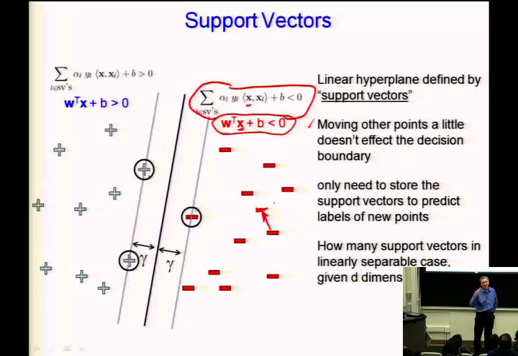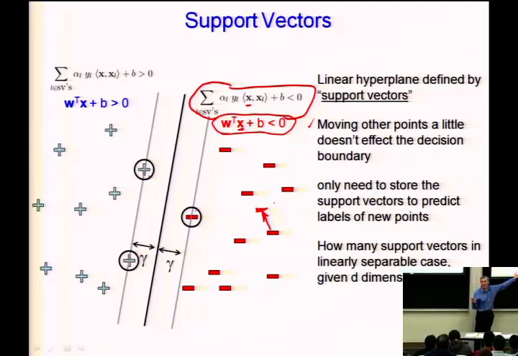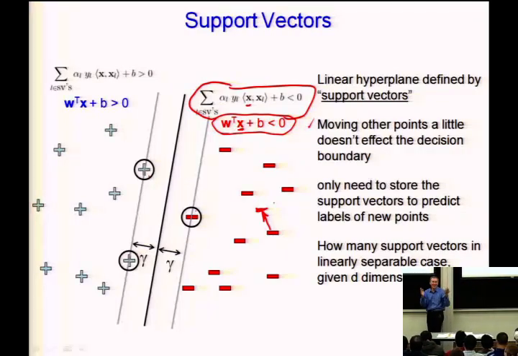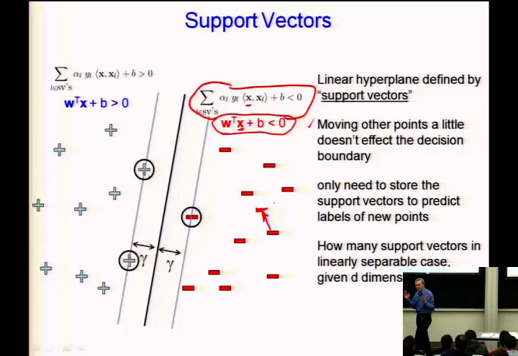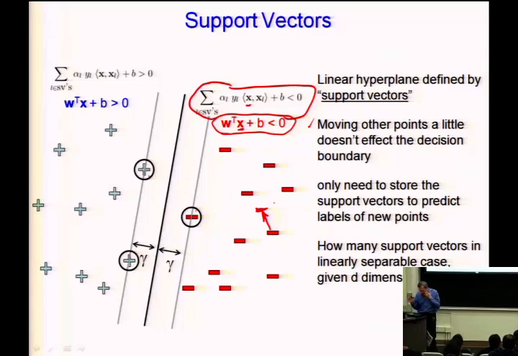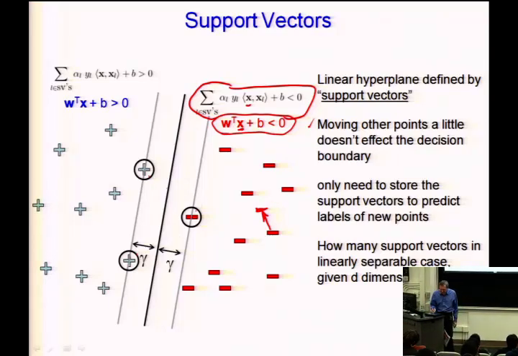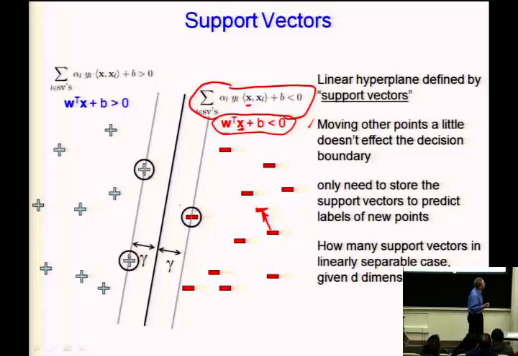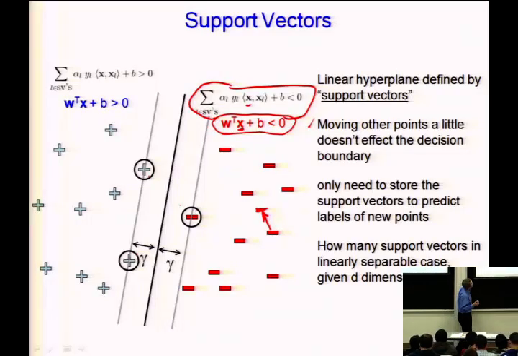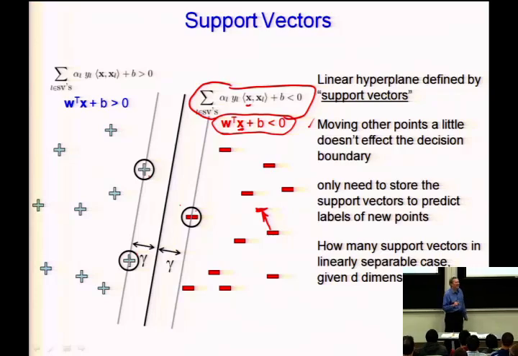Obviously, the decision surface doesn't depend on that point. In fact, it only really depends on these 3 points that hem in the decision surface. Okay, and therefore, that's one way to think of it. Another way to think of it is, that's a good way to think of it.